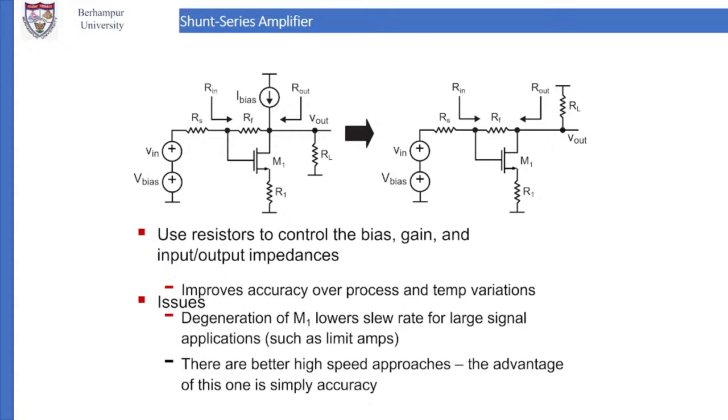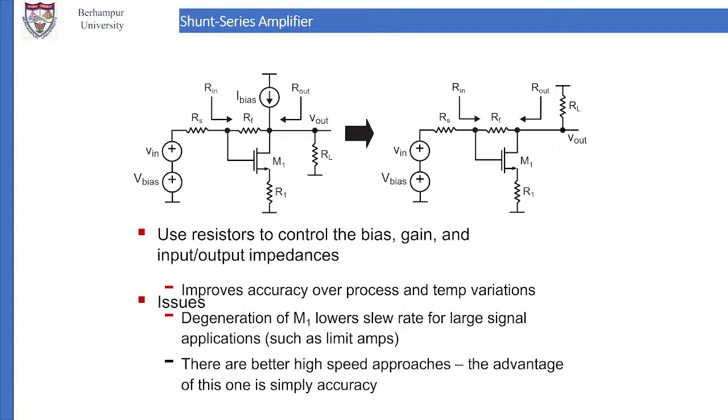Then with M1 we have in series a resistor R1. Its equivalent on the right hand side excludes the current source, because the current is usually DC, so you can exclude that for AC analysis. The rest of the thing remains the same.